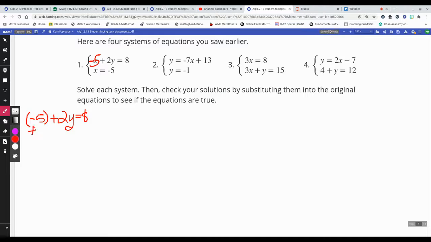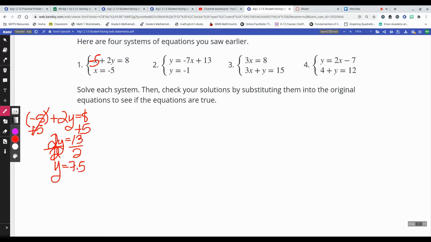So I'm going to need to add 5 to both sides. So that gives me 2y equals 13. Right? Now I'm going to have to divide by 2, y equals 7.5.